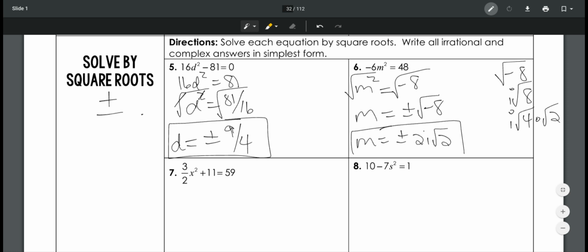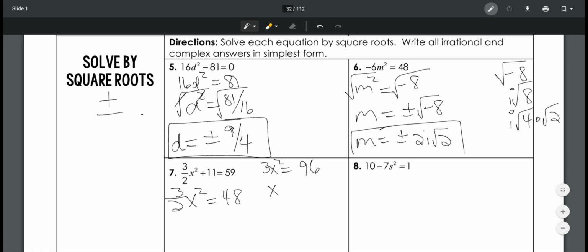In example number 7, I'm going to subtract 11, so that gives me 3/2 x squared equals 48. Then I'm either going to multiply both sides by 2/3 to get rid of the fraction, or I can multiply everything by 2 and then divide by 3. So I'm going to multiply everything by 2, so that gives me 3x squared equals 96.